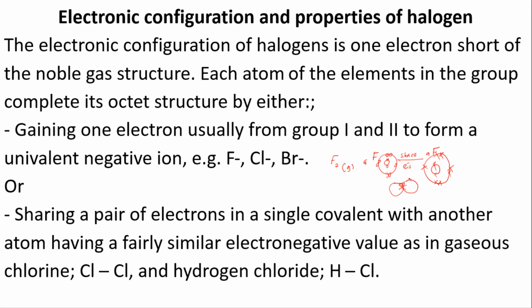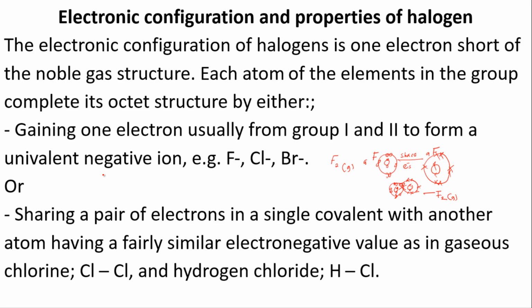Therefore, here you have 1, 2, 3, 4, 5, 6, 7. Here you have 1, 2. Then here you have something like this already. Here 1, 2, 3, 4, 5, 6, 7. Therefore, in this case, the form is called fluorine gas. This is sharing electrons, and they can equally gain electrons.